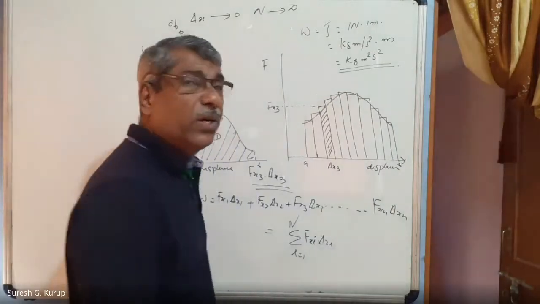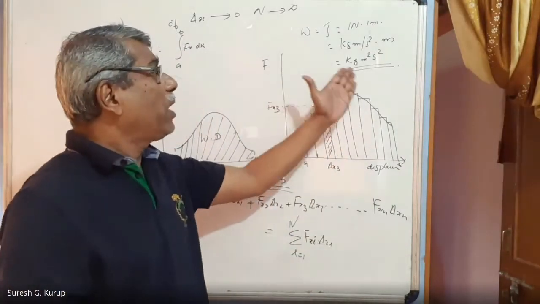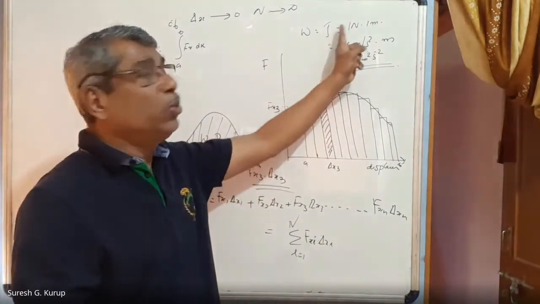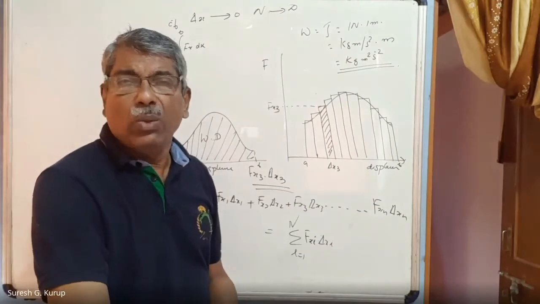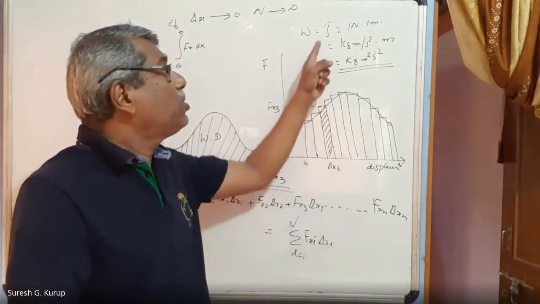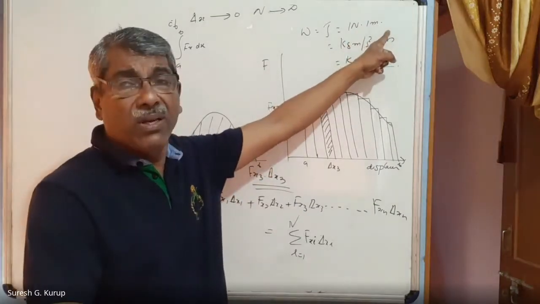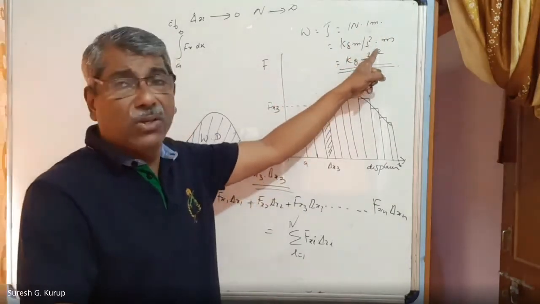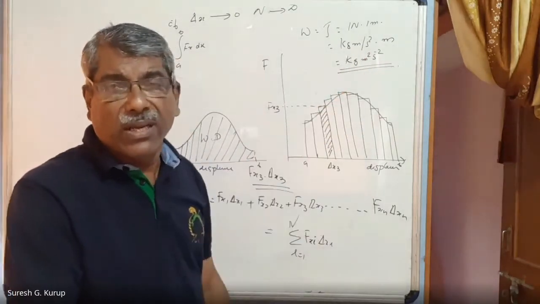This we also got as the standard unit of work done. Work done is measured in terms of the unit of energy, that is joule. 1 joule is equal to 1 Newton meter, that is kg meter square per second square.